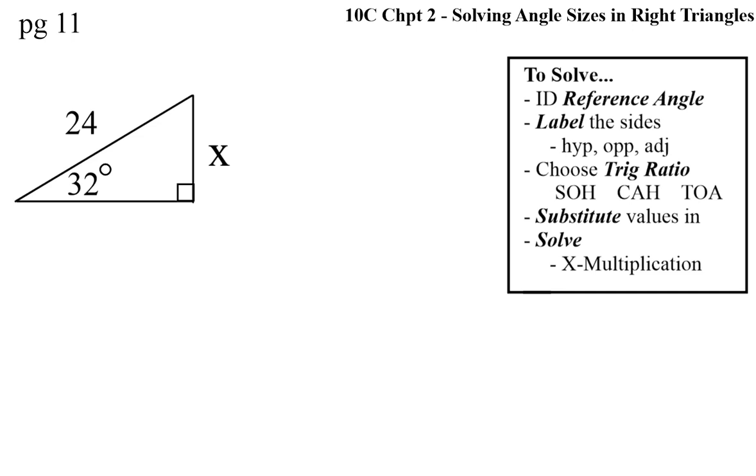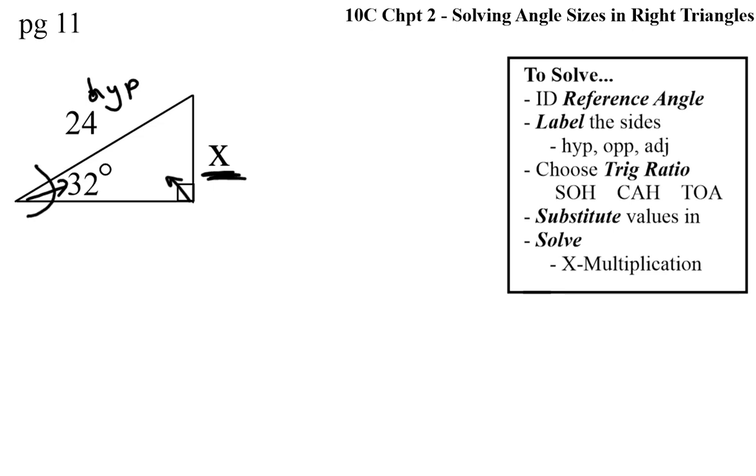Page 11, I've set it up correctly. Let's do the last one on 11. My suggestion, pause the video, give it a try, see what you come up with. So here we go. Identify the reference angle. Well, trying to find X, use the angle that you know. Label your sides. Opposite the 90 is the hypotenuse.